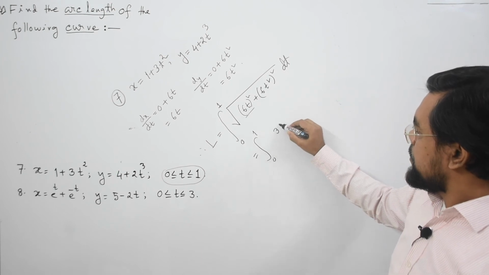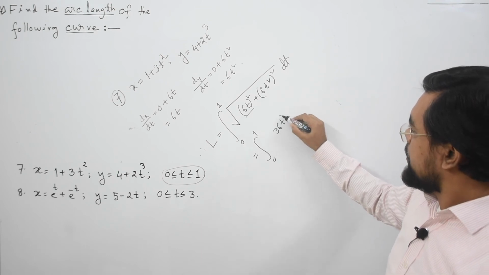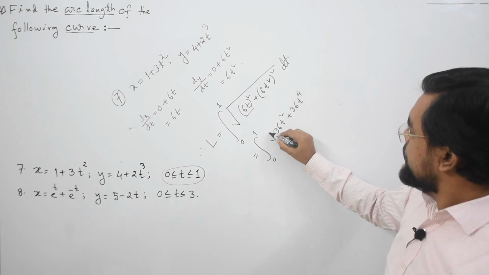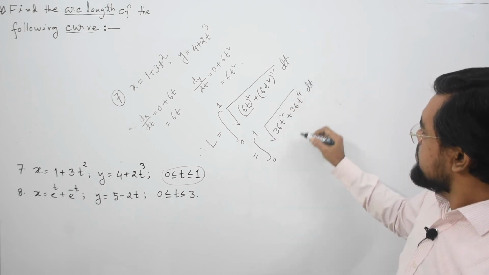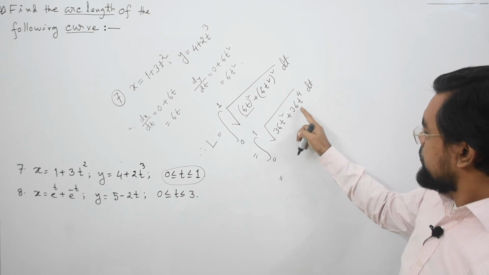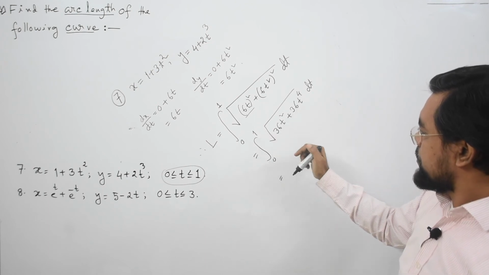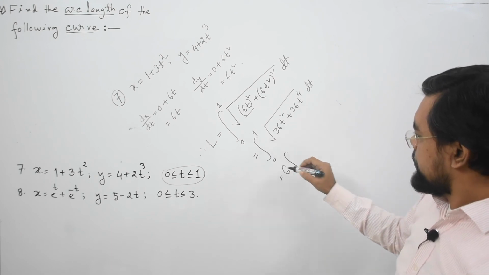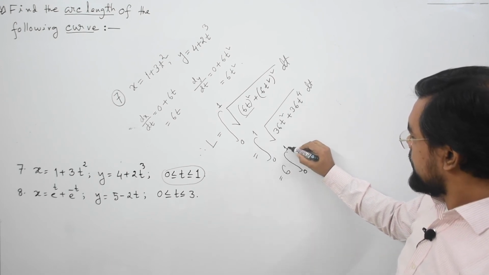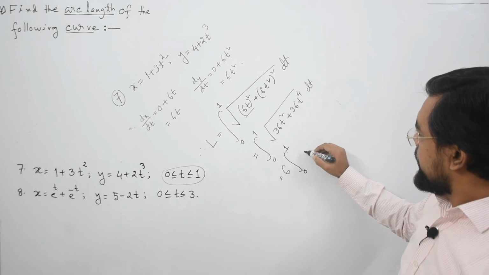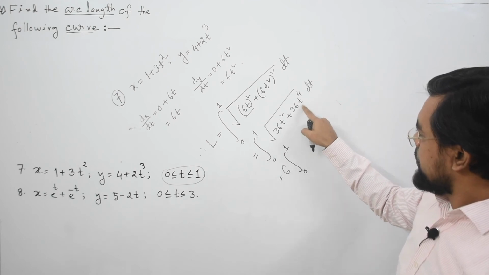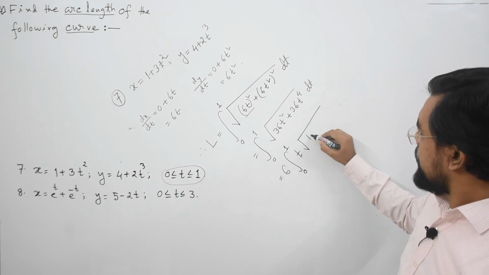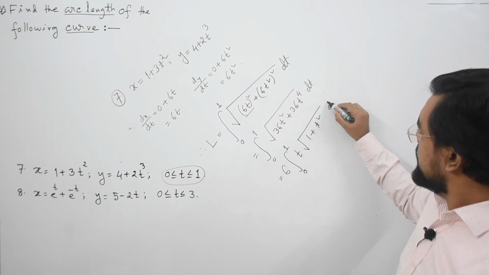This one is 36t² plus 36t⁴ root dt, and we can take 36 out of this square root, so it will be 6. We can write it outside the integration from 0 to 1, and at the same time we can also take out t², so it will be t root of 1 plus t² dt.